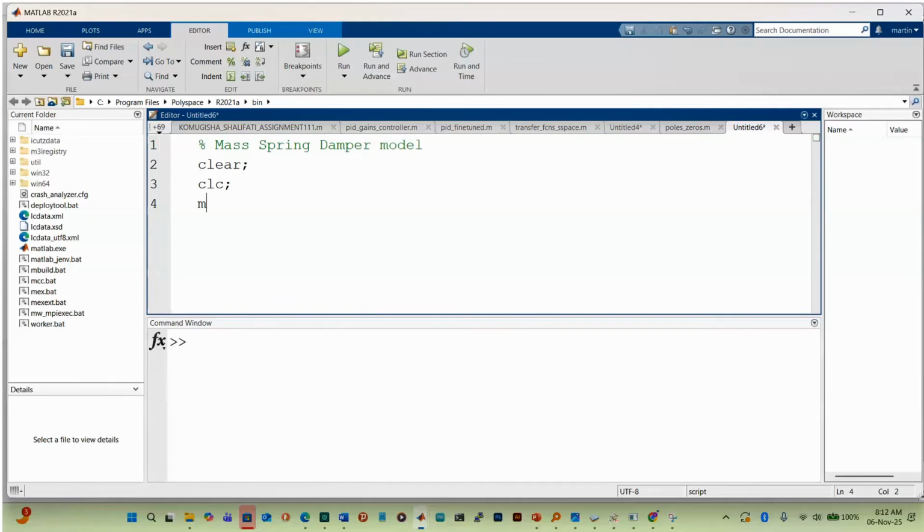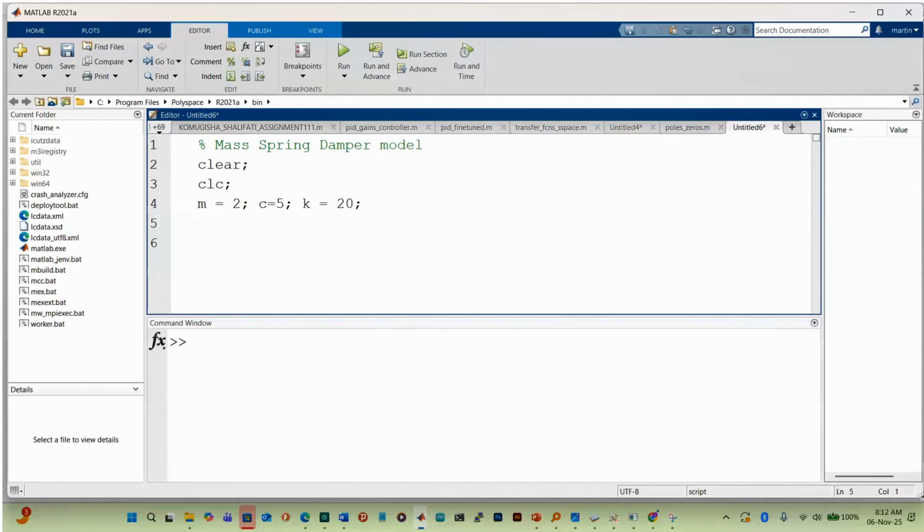So we start with M is equal to 2. C, we can put them at the same level, C is equal to 5. Then K is equal to 20.